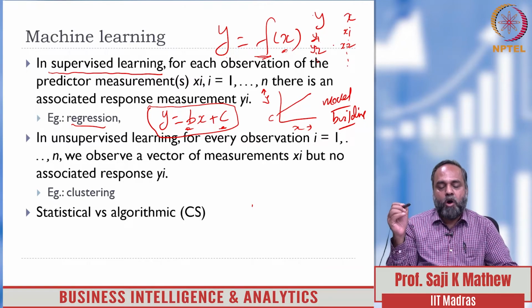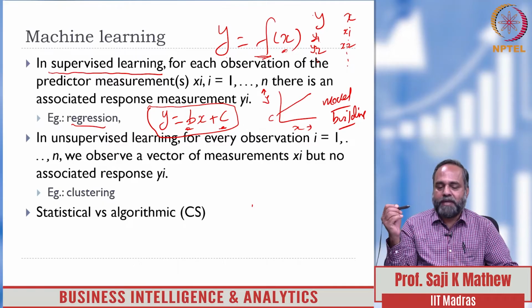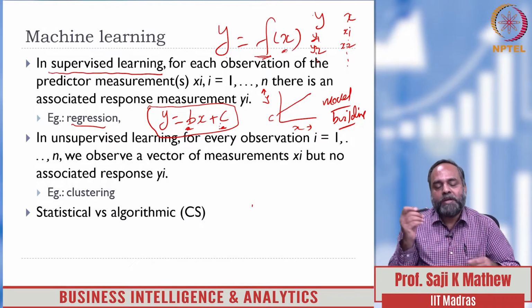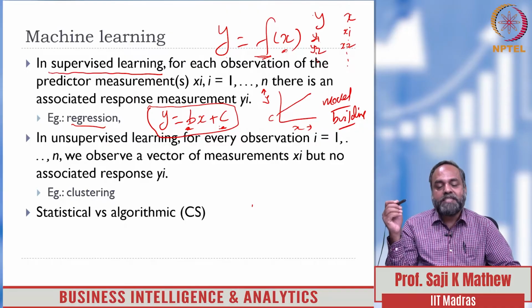This is known. So in building the model, we are informing the model of these data pairs, what y was for a given value of x, and therefore y is supervising the estimation of b and c. In other words, the estimation of b and c is based on a dependent variable value which is known, and that kind of technique is supervised learning.